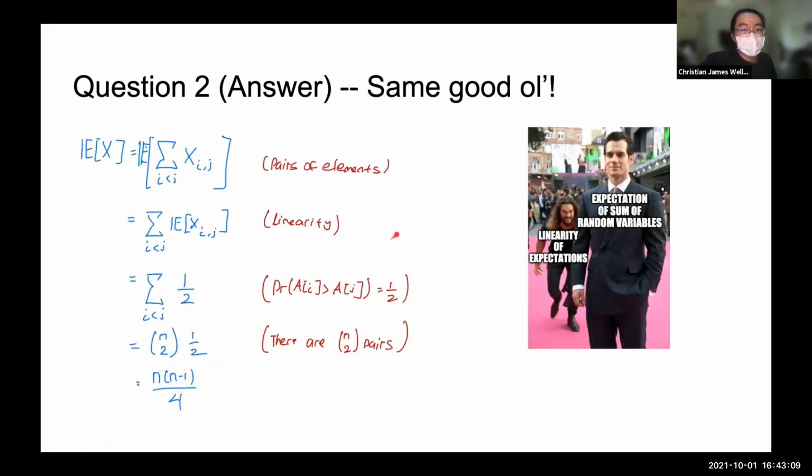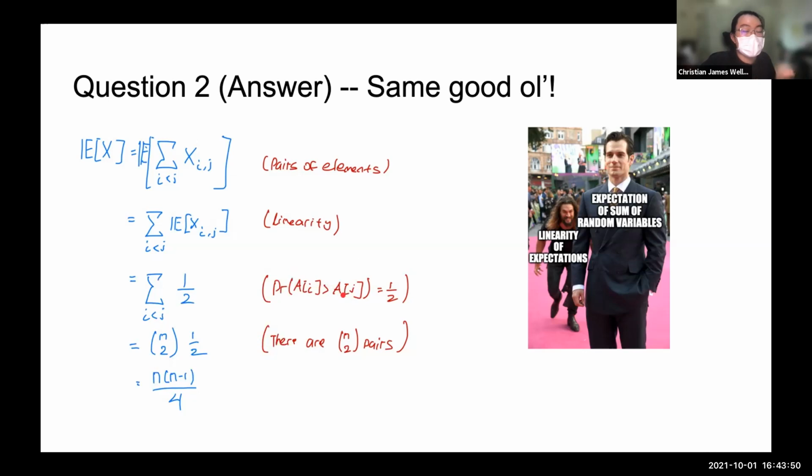After we get the probability, everything is basically the same thing we have been doing week after week. You start off with the expectation of X, which is the expectation of the sum of all the X_ij's over all pairs. Then you apply linearity of expectation, pushing the E into the sum. And E[X_ij], remember, is the probability of a_i greater than a_j.